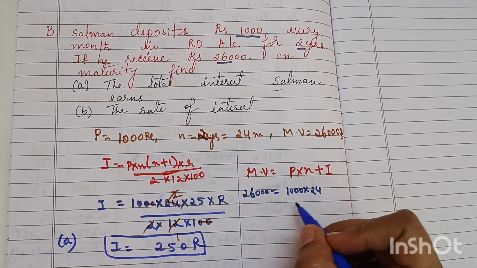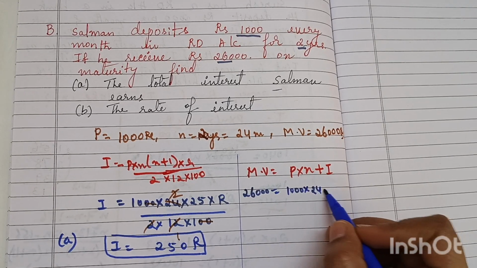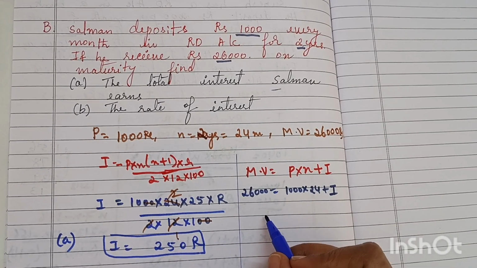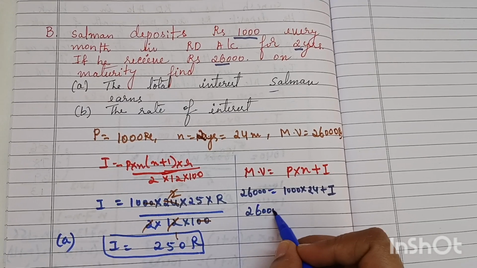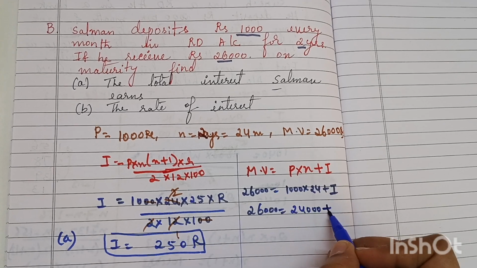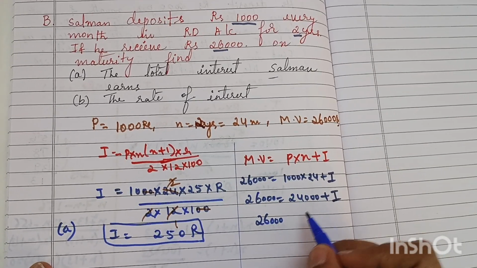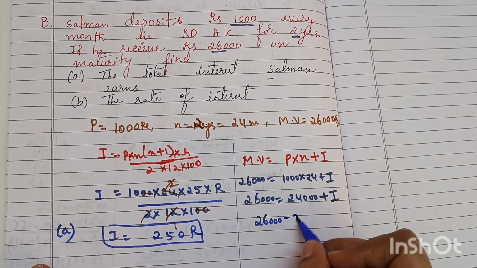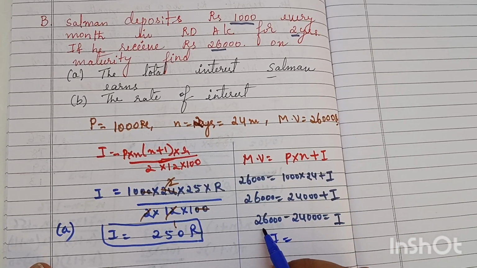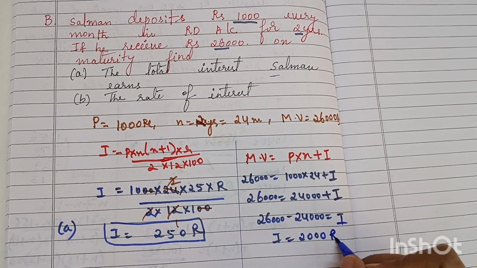P into N is the deposited amount, principal amount, into N, plus I, which we have to find. Now 26,000 equal 1000 into 24, which is 24,000, plus I. So 26,000 minus 24,000 equal I. So interest equals 26,000 minus 24,000, that is 2,000 rupees. Interest is 2,000 rupees extra.